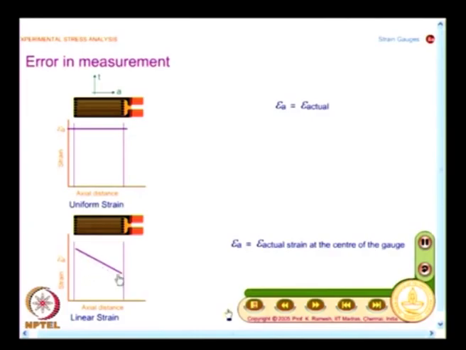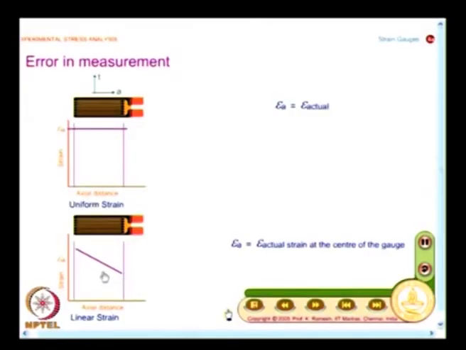This happens when you take a cantilever beam and put a strain gauge on top of it; strain varies linearly, because the bending moment varies linearly. So, in a problem where strain varies linearly, does the gauge length have any influence? Again, it does not, because the average strain that you measure at the center is the same as your actual strain.